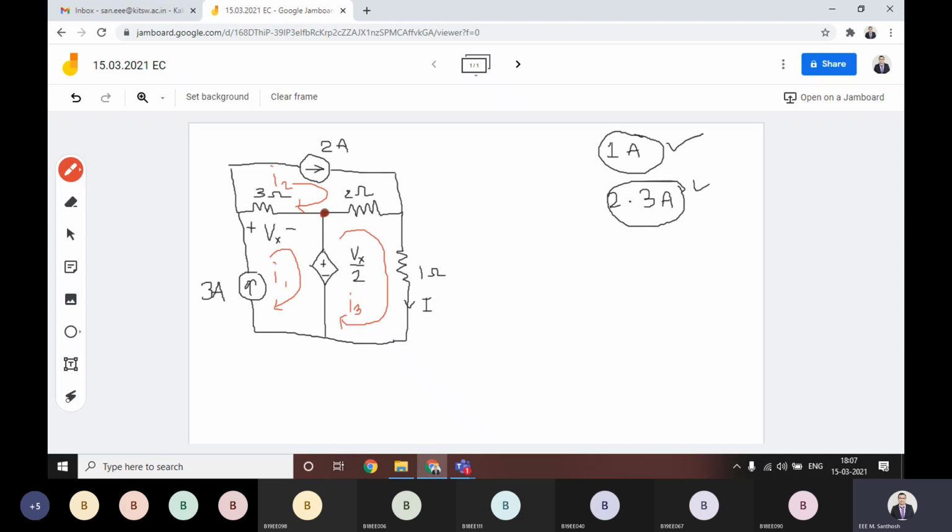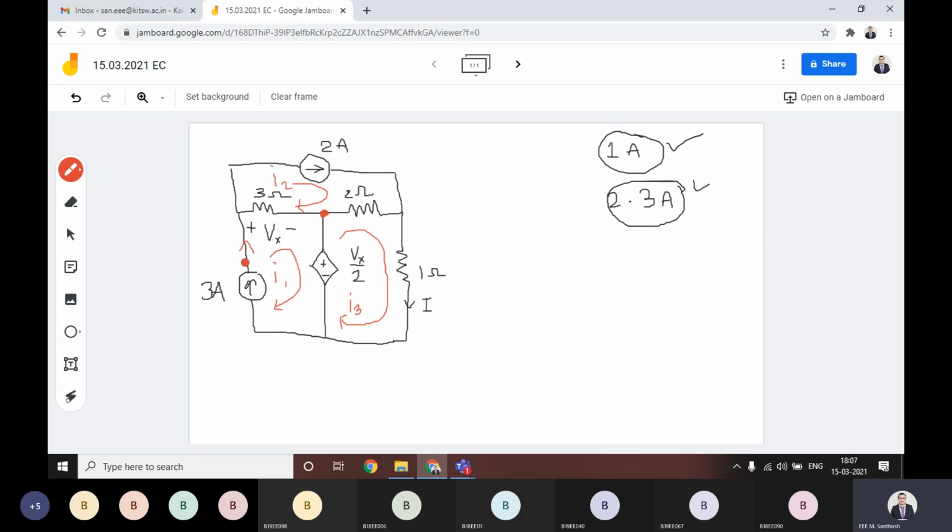The KCL is here at this point, right? At this point you already know the algebraic sum of the leaving currents is equal to 0. That means entering is equal to leaving, right? Then which one is entering? Here you can see this is 3 amperes.